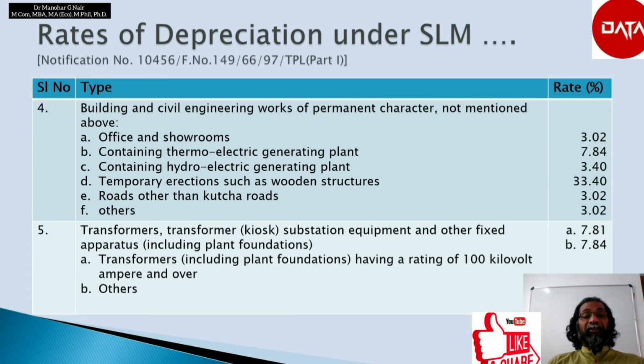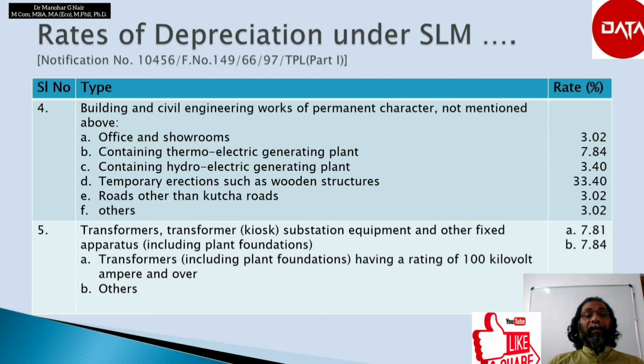Buildings and civil engineering works of permanent character not mentioned above, maybe office and showrooms, containing thermoelectric generating plant, containing hydroelectric generating plant, temporary erections such as wooden structures, roads other than kacha roads, others, the rates of depreciation are respectively 3.02, 7.84, 3.40, 33.40, 3.02 and 3.02.